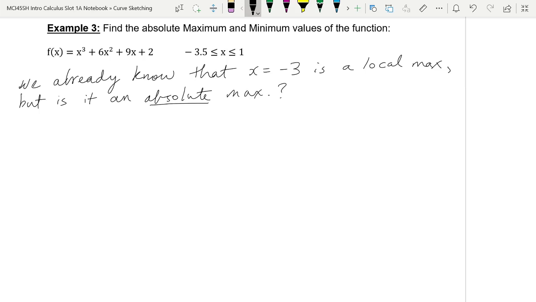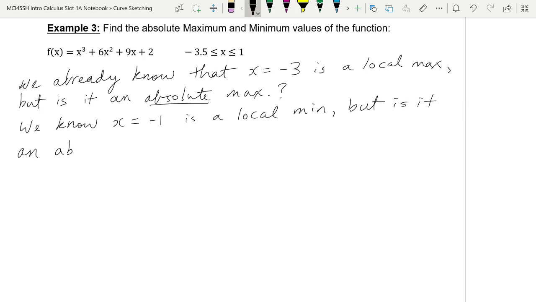And similarly, we know x equals -1 is a local minimum, but is it an absolute minimum? So that's where we're going to get started today on example 3.